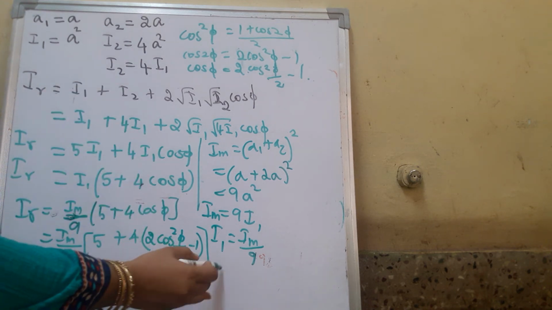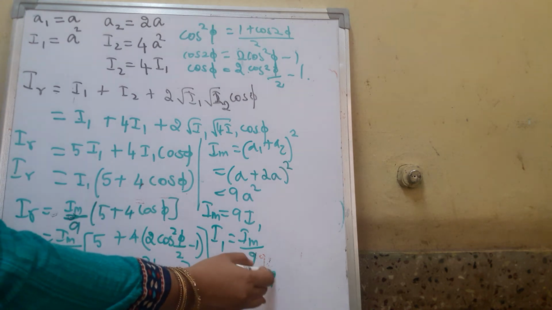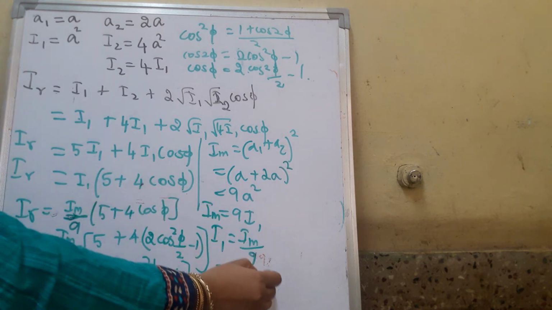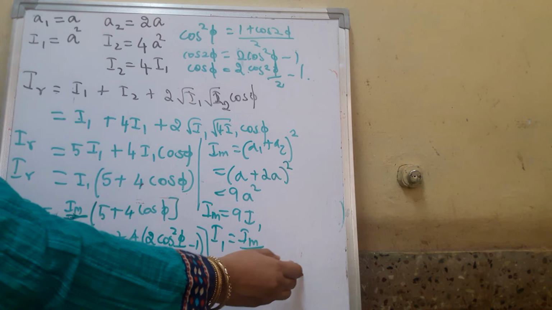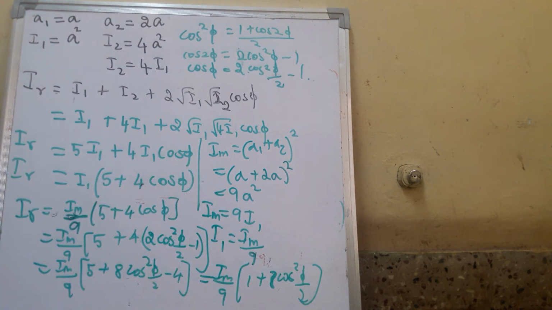So this is IM by 9 of 1 plus 8 cos square phi by 2. This is the answer.